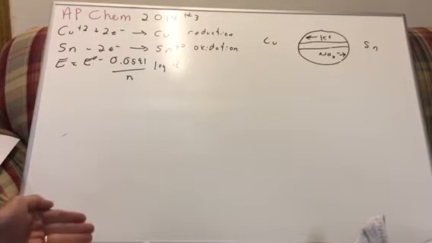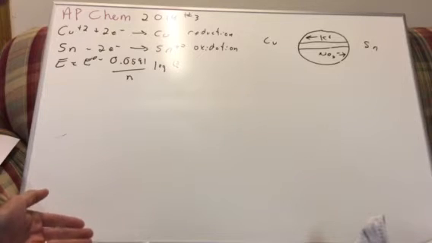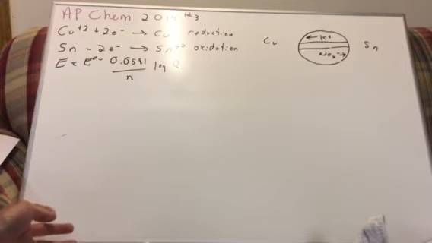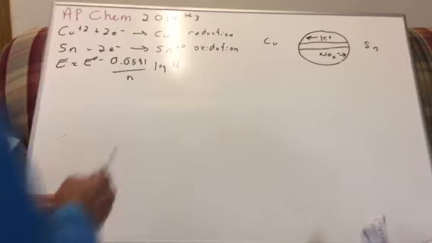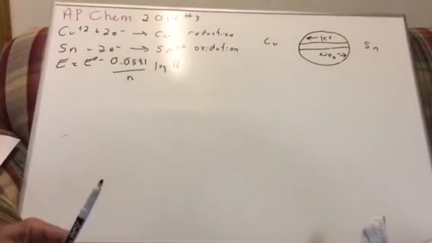It's still 0.5 to 0.5, so Q is going to end up being 1. If you do the log of 1, this whole thing becomes 0, so the potential is the same.